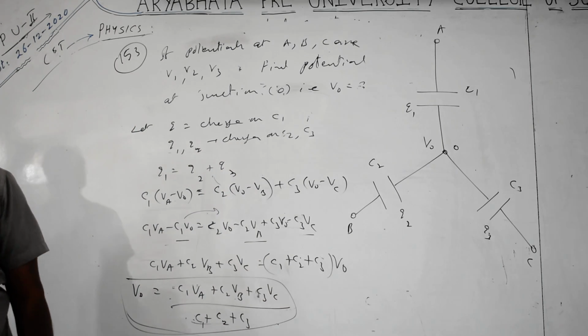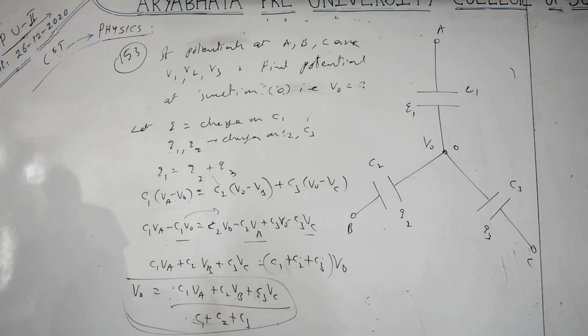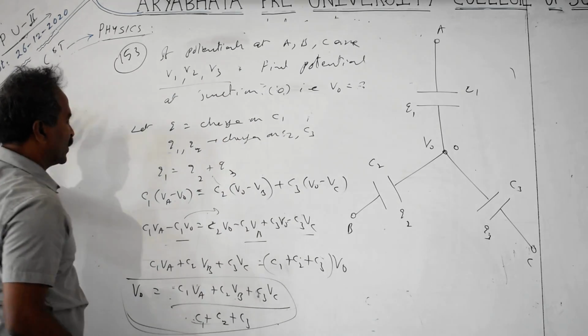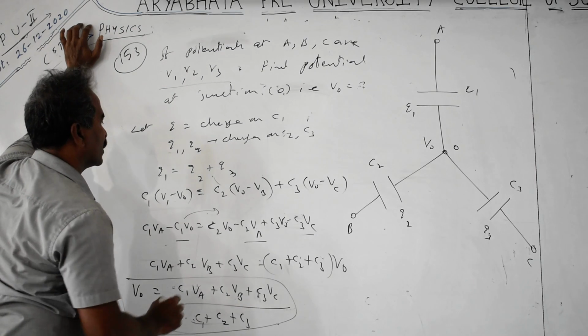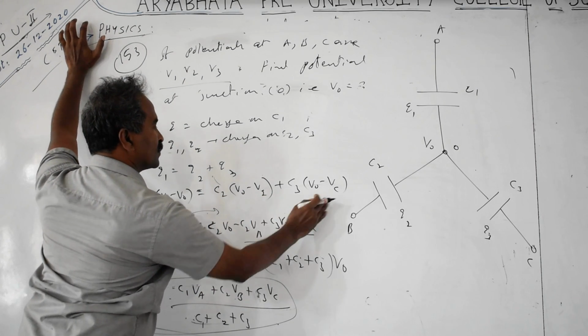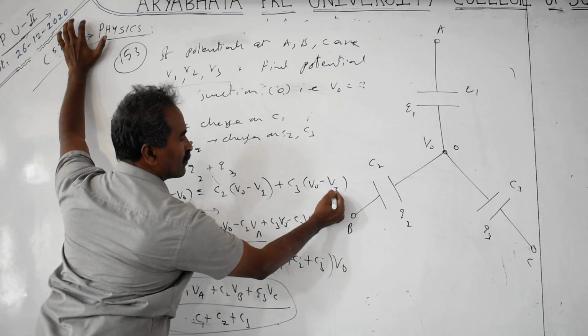Which option? First option. VA, VB, VC are given as V1, V2, V3. So VA is V1, VB is V2, VC is V3.